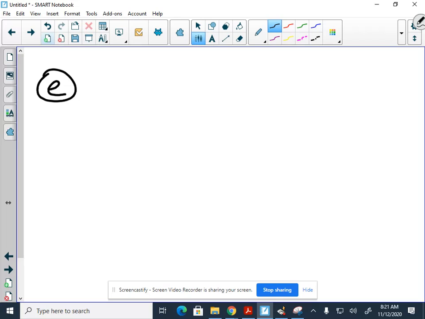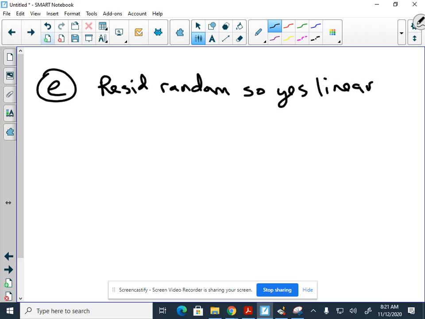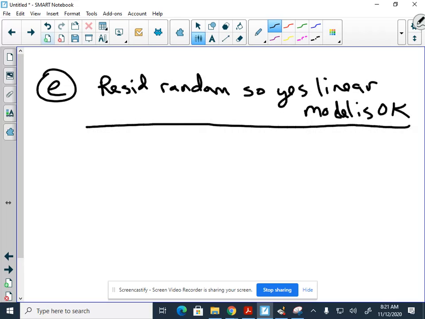If you think that's random, the residuals are random. So yes, a linear model is appropriate. But if you think there's a curve to it, you say no.